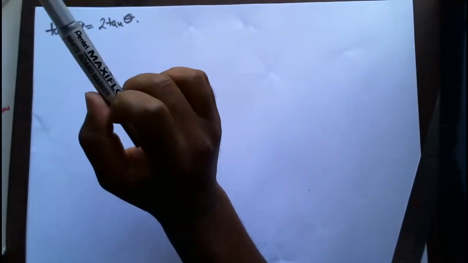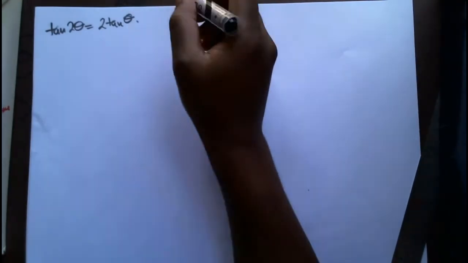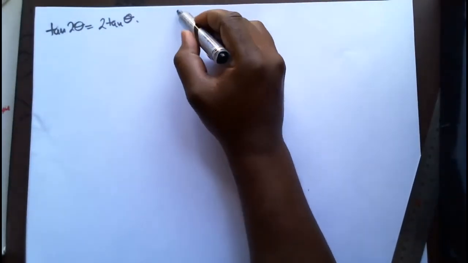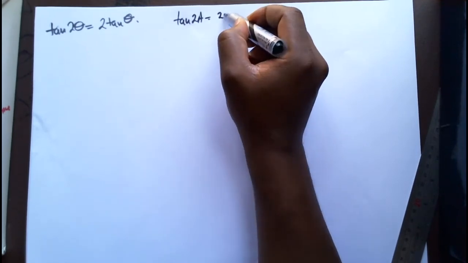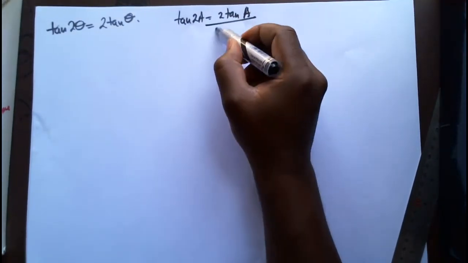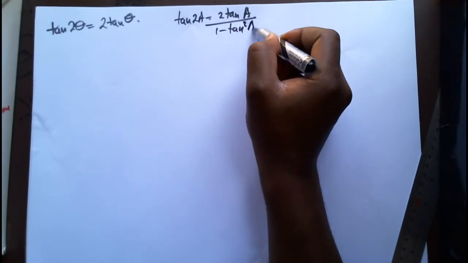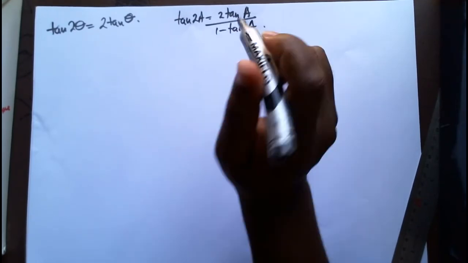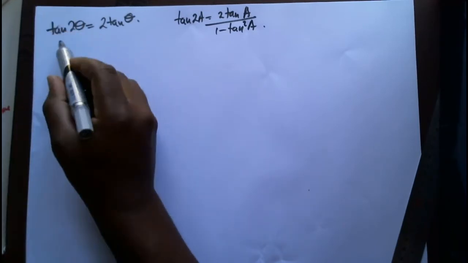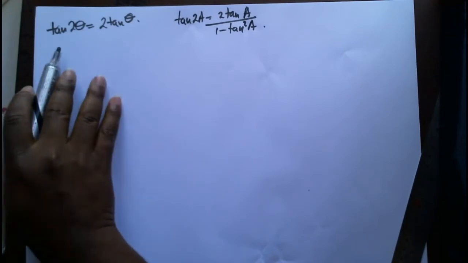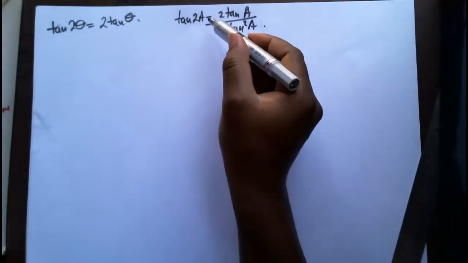Now let's go to tan 2 theta is equal to 2 tan theta. We know the identity for tan 2a is equal to 2 tan a over 1 minus tan squared a. That is the formula. So we just replace this one.